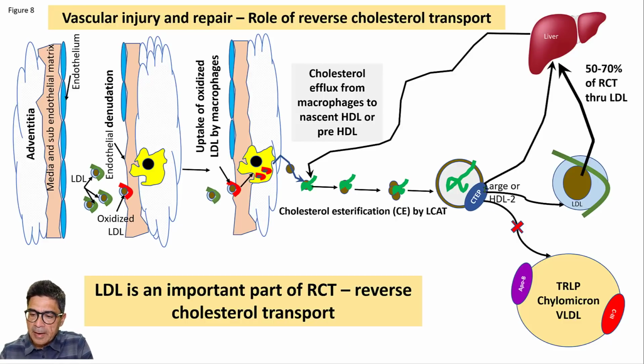However, this is perhaps not as important as the other branch of cholesterol transport, in which the HDL molecule is dumping its cholesterol cargo into an LDL molecule. So LDL, which many people call the bad cholesterol, I would like to call the other good cholesterol, is involved in reverse cholesterol transport, perhaps more than HDL alone.